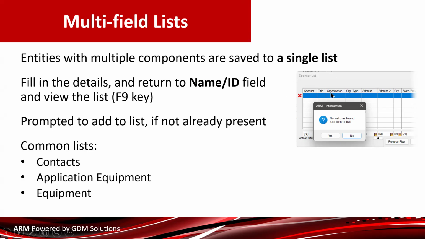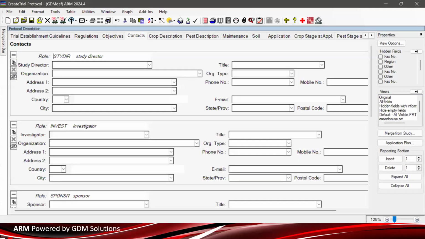And with contacts, those lists are totally empty to start with. It'll then ask you, do you want to add what you just filled in to your list? So contacts are a great example. I'll point out a couple of the other spots as we're going along. Application equipment and the new section, that's just the generic equipment as well, are both common examples of this.